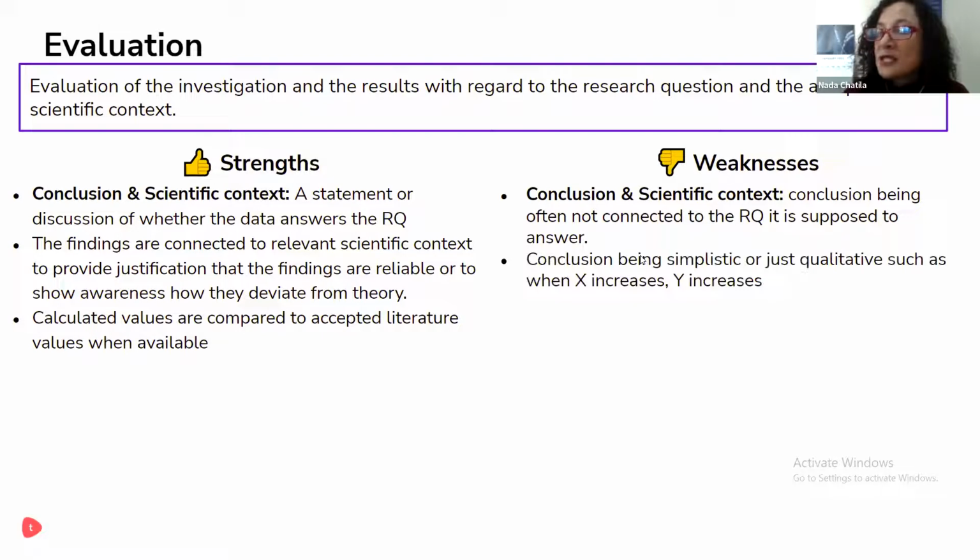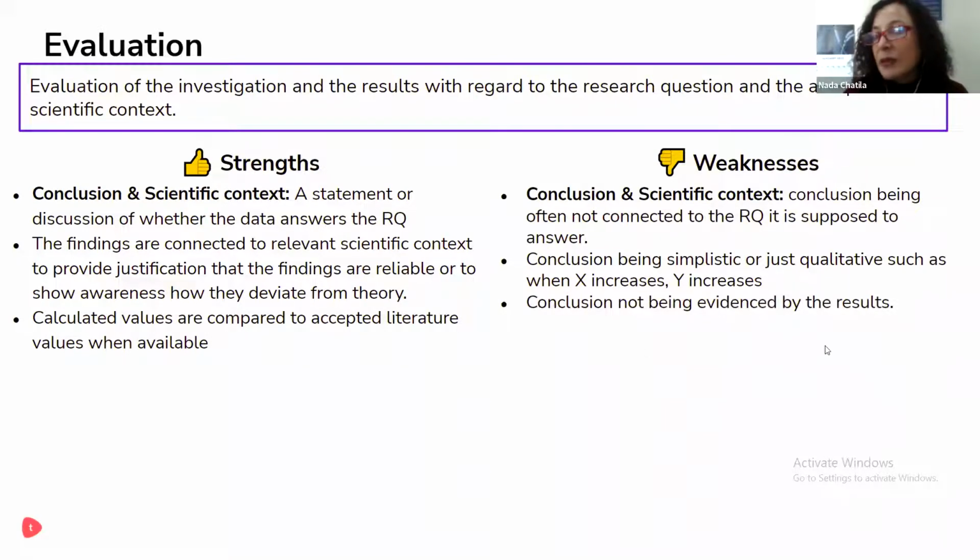Also, we often see that there is a hypothesis in the background, but then it is not referred to in the conclusion. Conclusions being simplistic or just qualitative, when X increases, Y increases or decreases, without really giving a quantitative relationship.